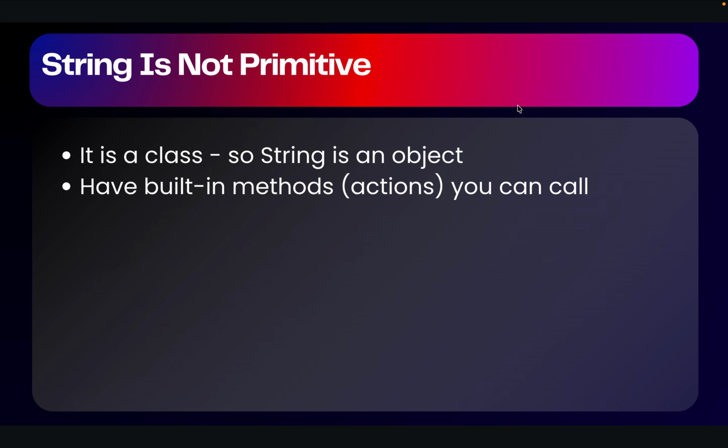So yes, it is a data type, but it is not a data type on its own. It was created within a class. Because it was created in a class, strings are a little different from primitive data types, because they have methods, or actions, that you can call onto them. When you're using methods, the method will allow you to complete some sort of action on that object, and in this case, we're referring to the object as a string.